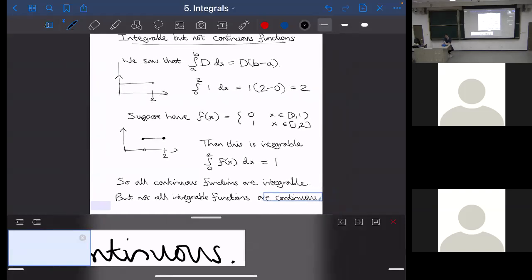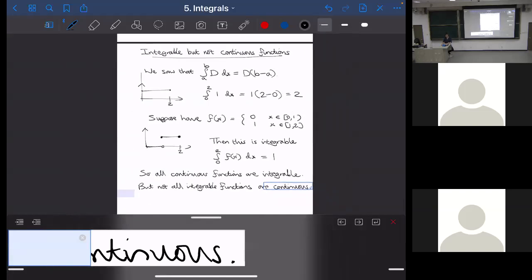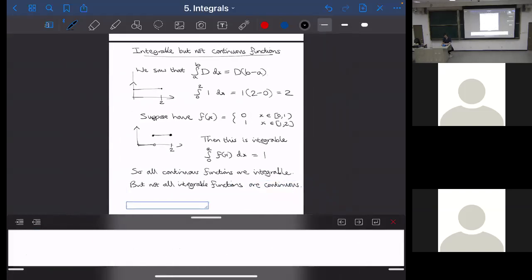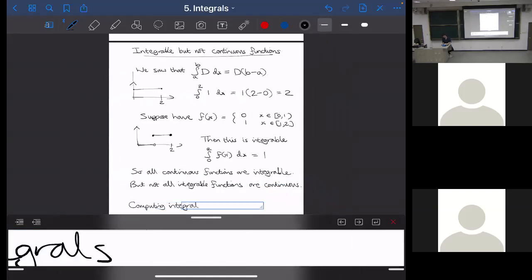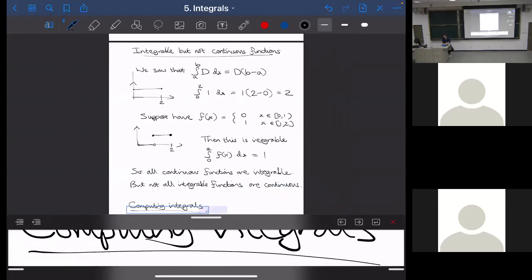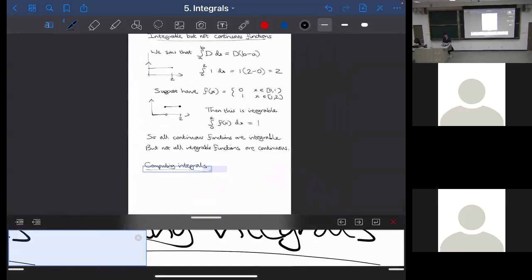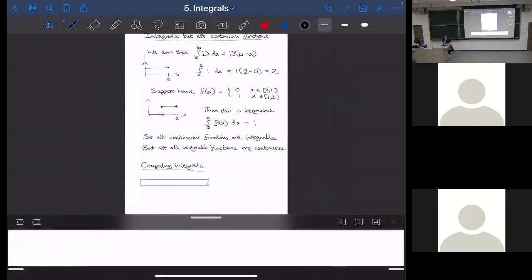Okay, so now let's start to compute some integrals. So let's start with an example.